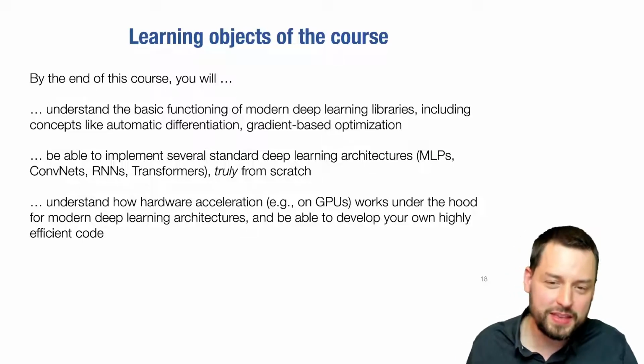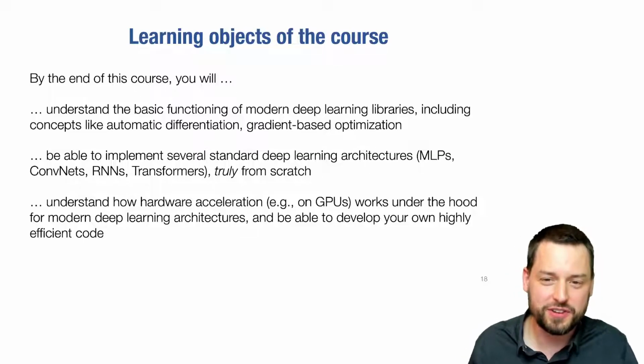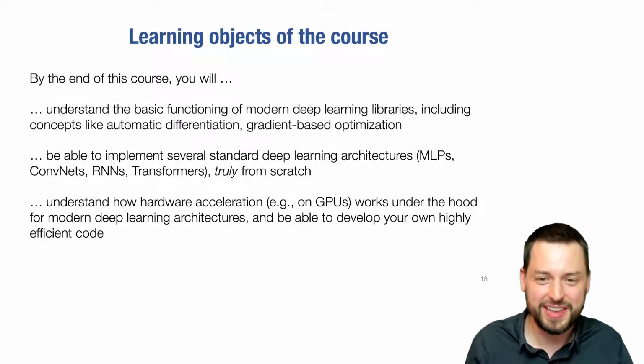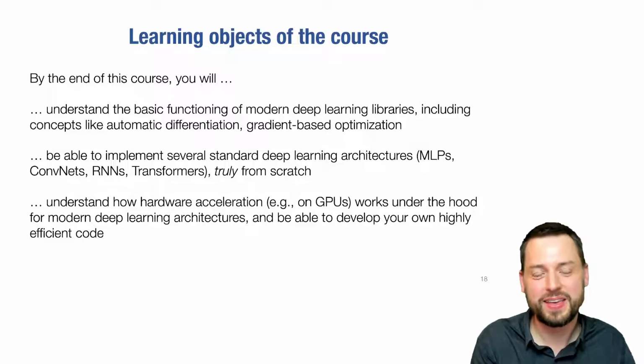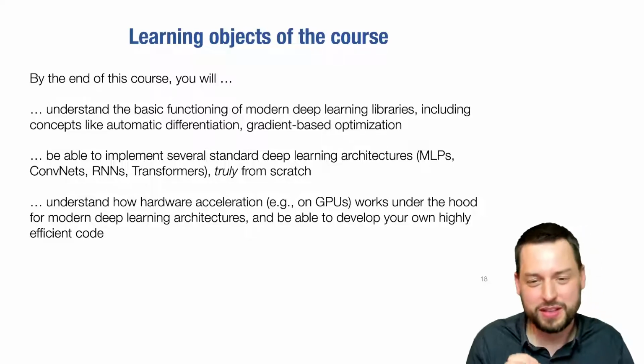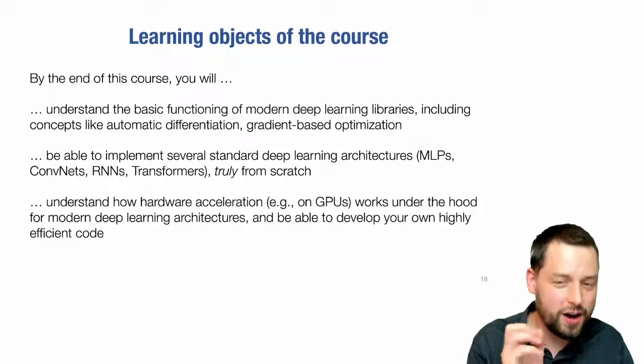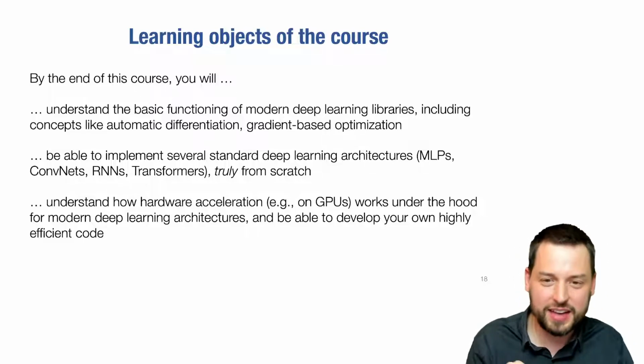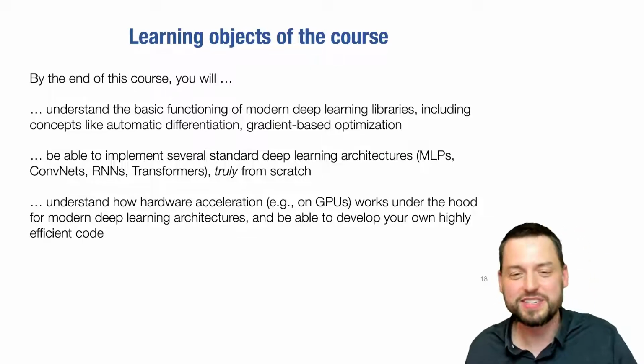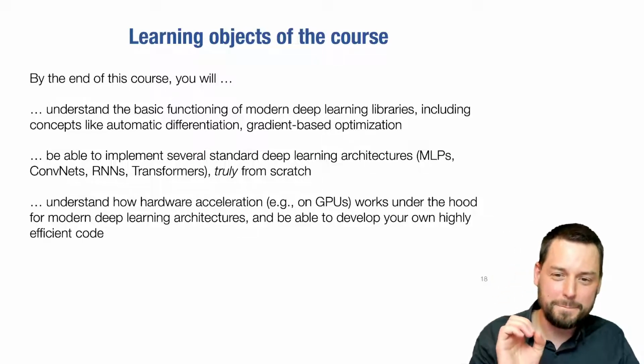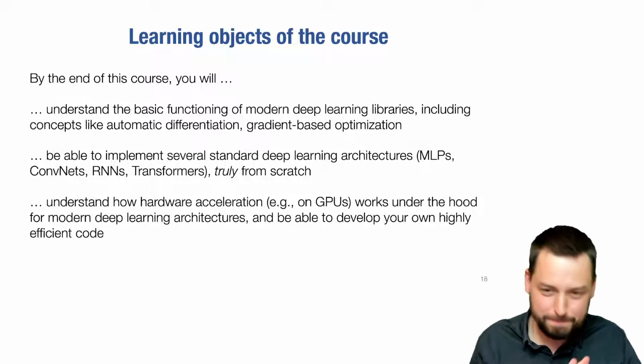Now, I should emphasize, it's not going to be nearly as efficient as libraries like PyTorch or TensorFlow. There's still a big gap between the very best that code optimization can do and what you can do in 2,000 lines of code. No question.